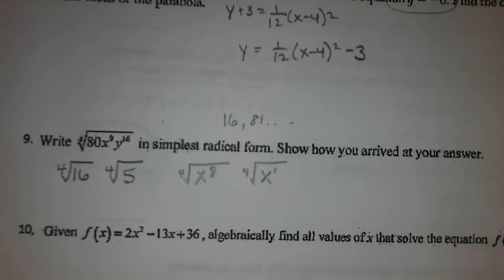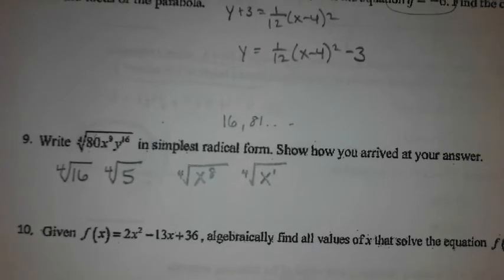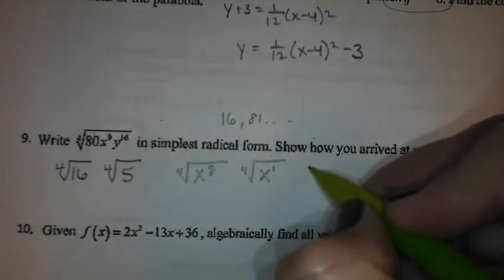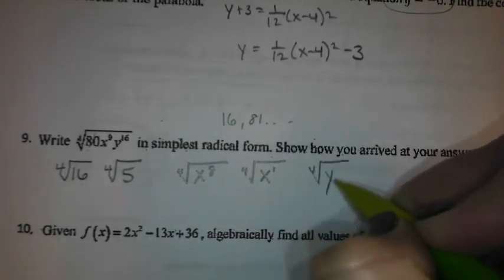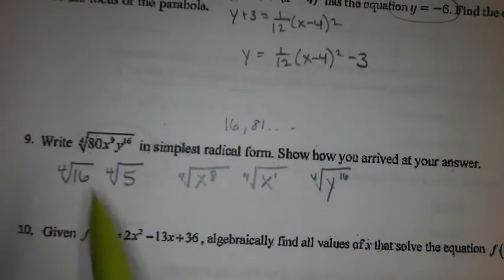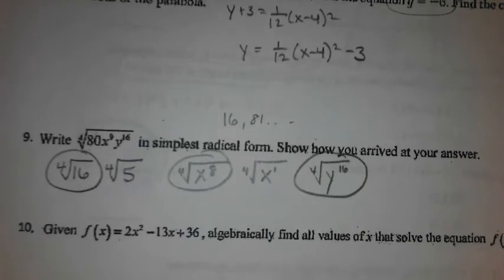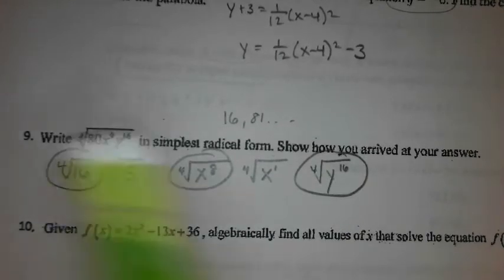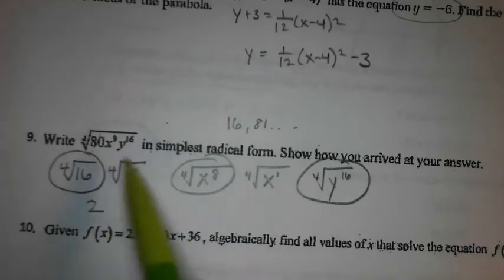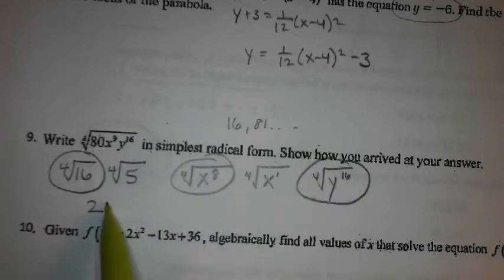And y to the 16th, 16 is already divisible by 4, so I don't need to split that up. I'll just leave it as the 4th root of y to the 16th. So now this, and this, I can actually take the 4th root of. 4th root of 16 is 2. 4th root of x to the 8th is what?